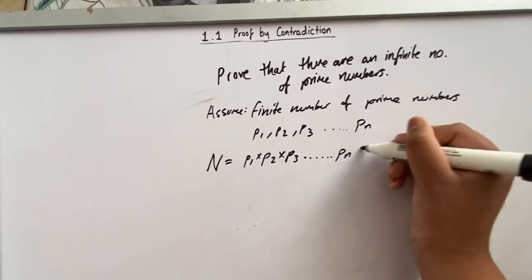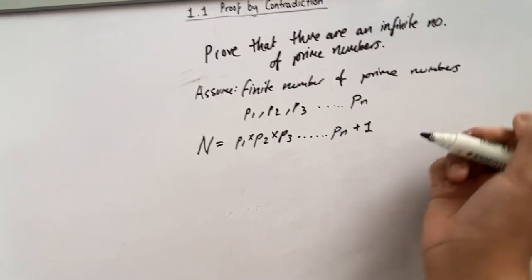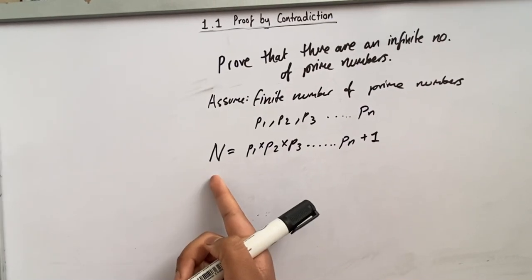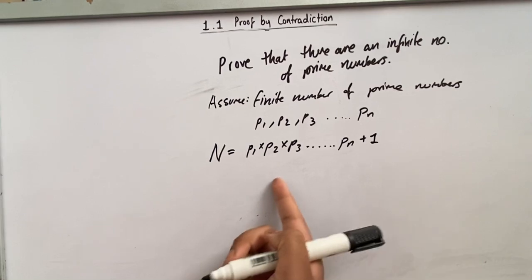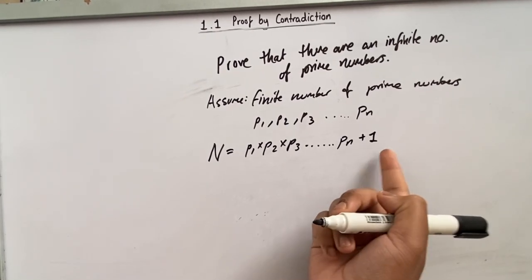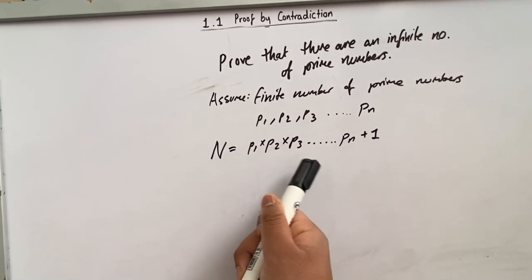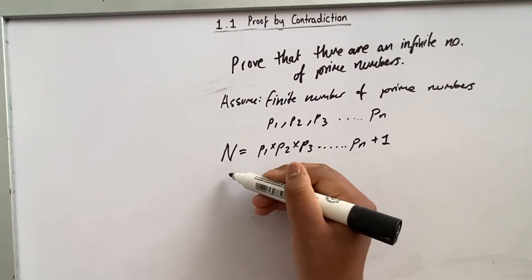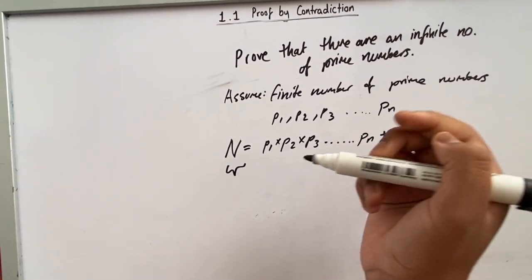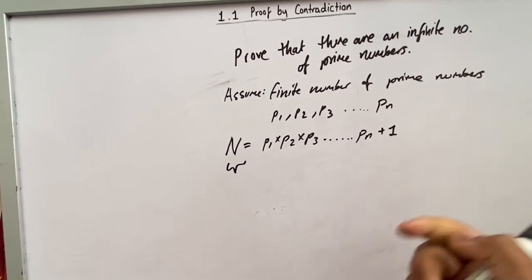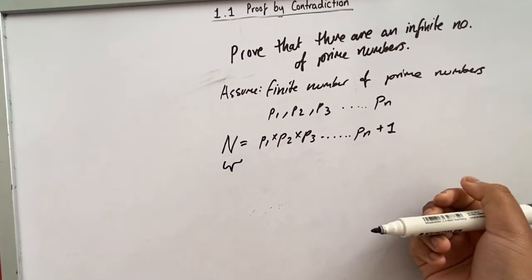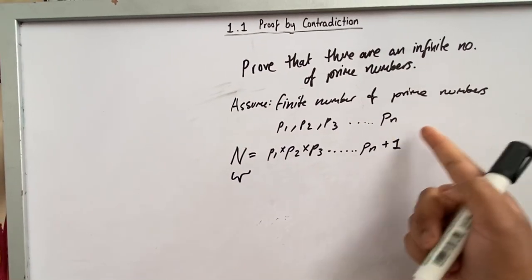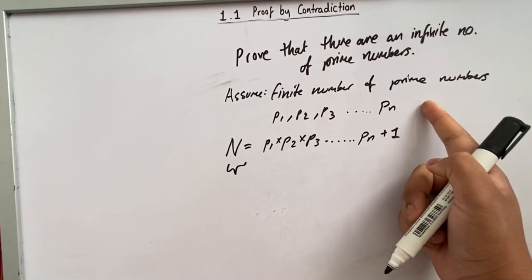But now, if we add 1, if you divide n by any of these prime numbers, you'll get a remainder of 1, which means it's not divisible by any prime. So, either n is prime, or it has a prime factor. And that means it's not in this original list.